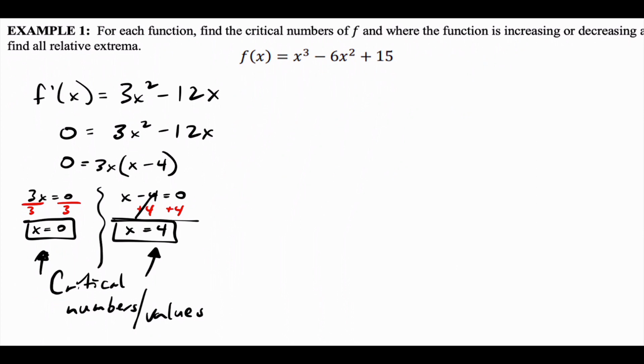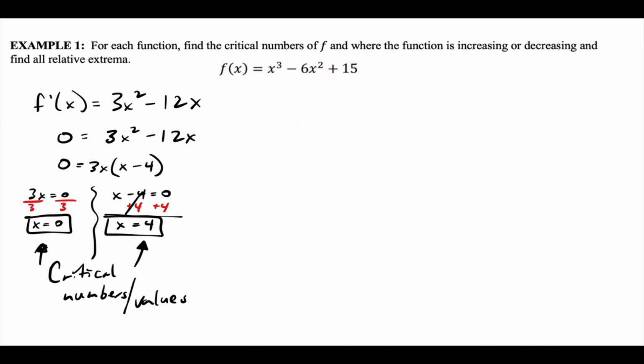It's going horizontal at 0 and 4. Now I'm going to draw a number line. This is the first derivative test. What am I going to put on the number line? Any critical number that I found: 0 and positive 4.